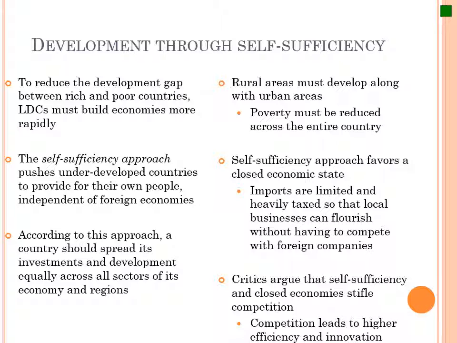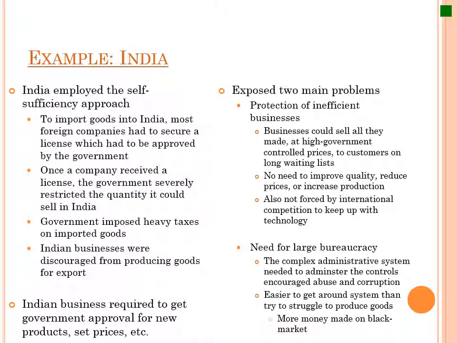The one tough thing about self-sufficiency is that it really limits competition, so creativity and innovation don't necessarily happen when countries go to this model. India is an example. Right after India gained its independence from Great Britain, they tried the self-sufficiency model.